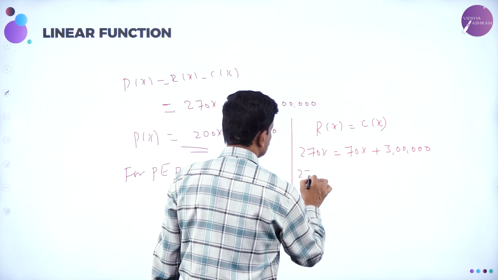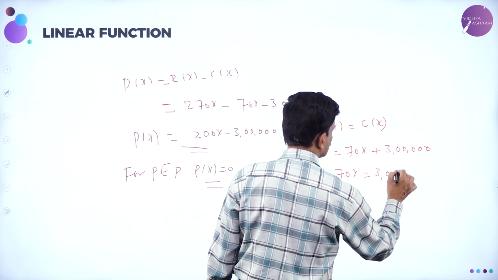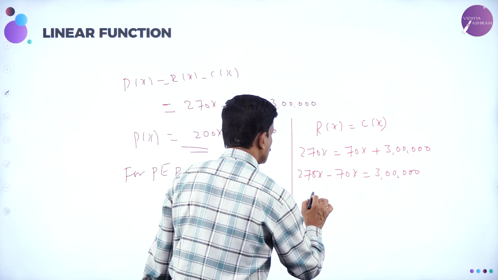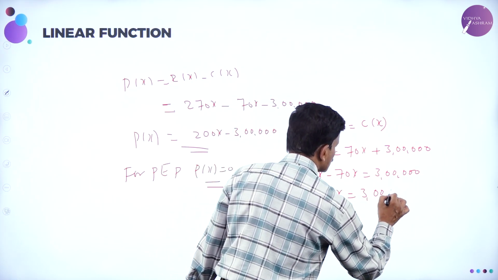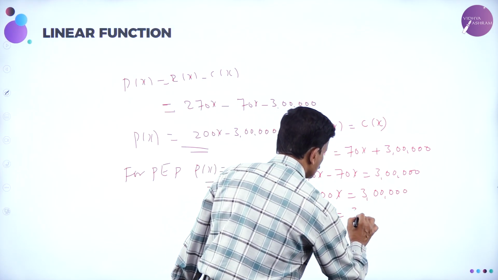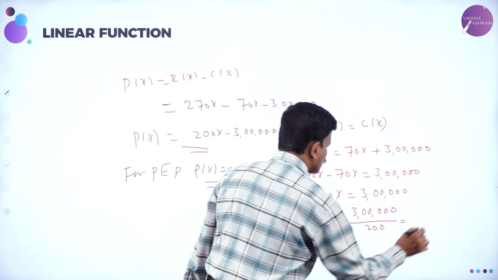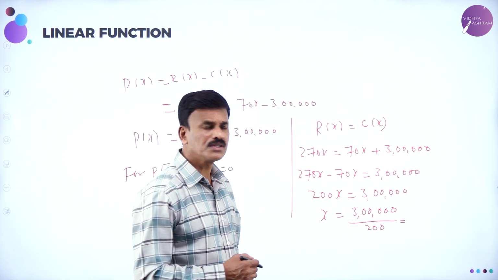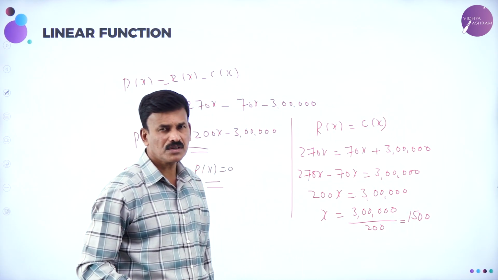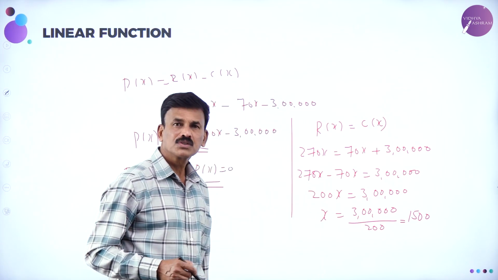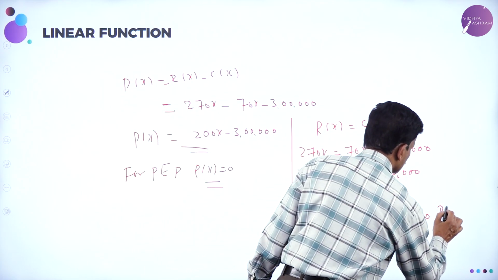So 270x minus 70x is equal to 3 lakhs. That means 200x is equal to 3 lakhs. So therefore x is equal to 3 lakhs divided by 200. Simplify this, that's equal to 1500. Hope you followed. So x is equal to 1500, the break even point.